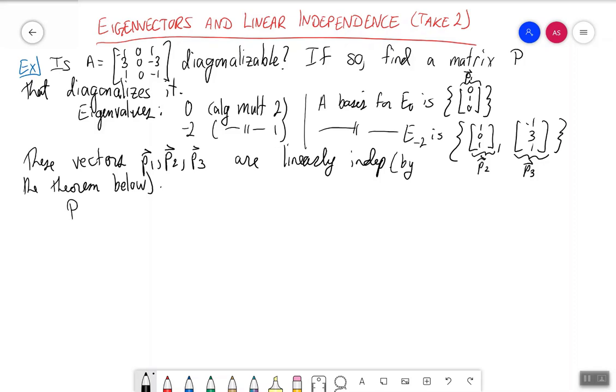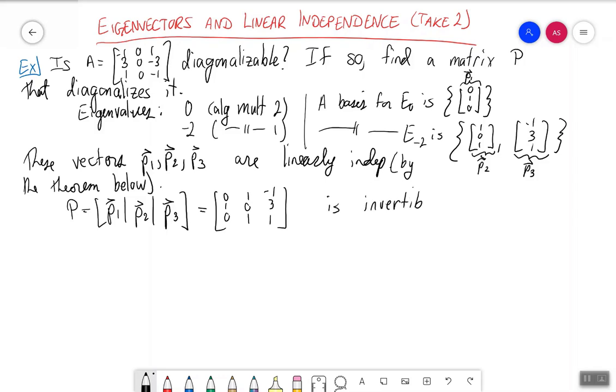Namely, I'm going to turn that into a matrix P with columns P1, P2, P3, which, when we write it out, is 0, 1, 0, 1, 0, 1, -1, 3, 1 here. And this is invertible because of this fact.